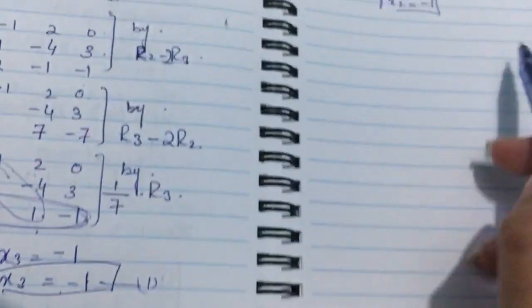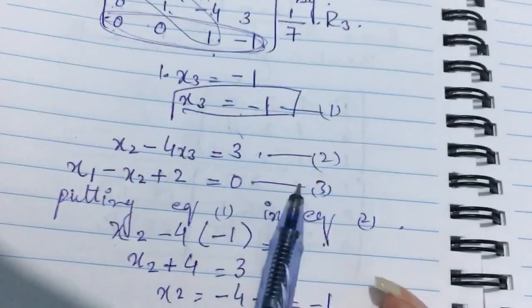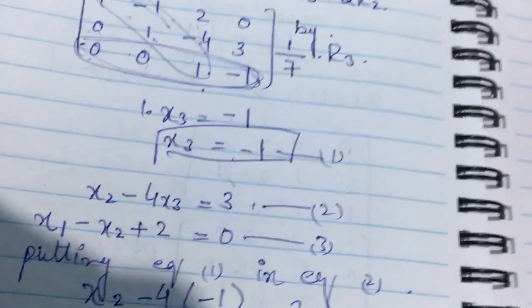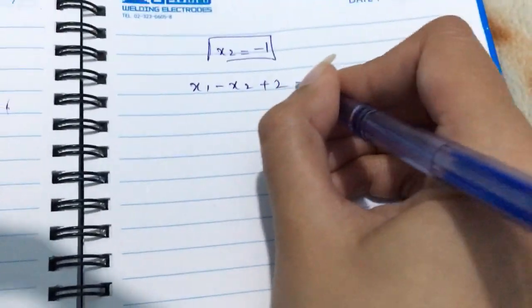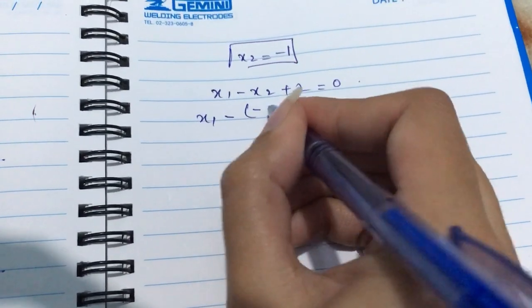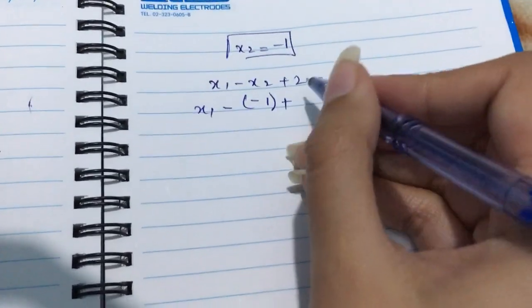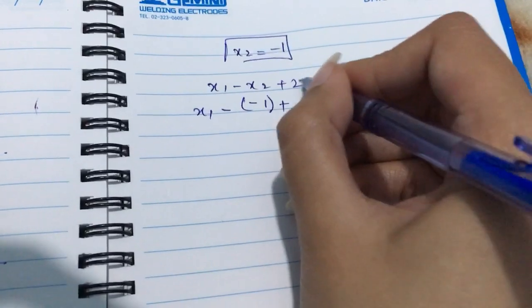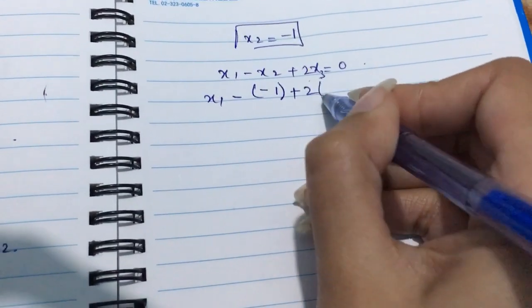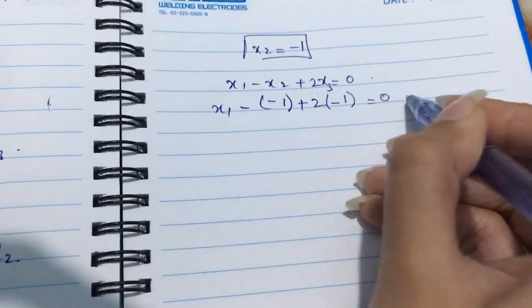Now putting all these values of x2 and x3 in the first equation, I am writing the equation here and putting the values. So x1 minus the value of x2, which is minus 1, plus 2 times x3, and the value of x3 is again minus 1.